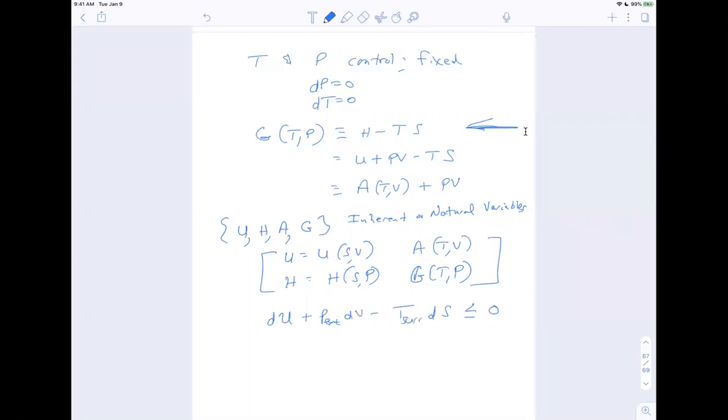All of these originated from starting with that inequality, which is a combination of the first and second laws, and then imposing certain constraints. Starting with the least practical, where we constrained S and V to have an isolated system, and then to the most practical, where we constrained temperature and pressure to get G.